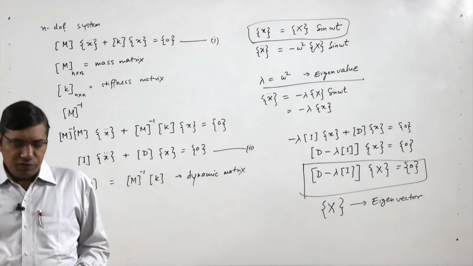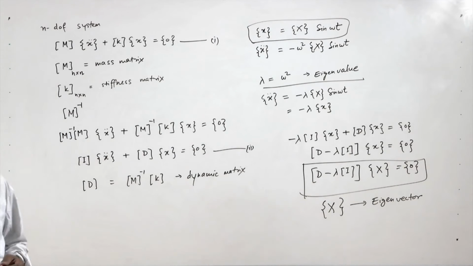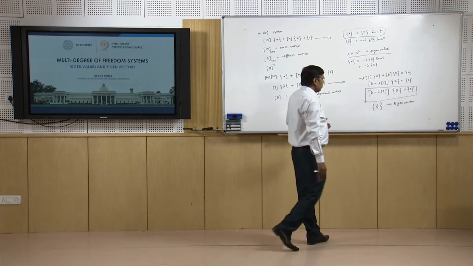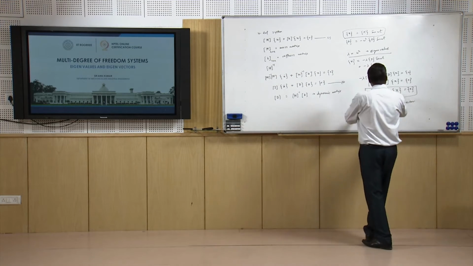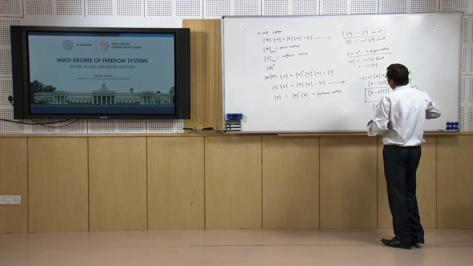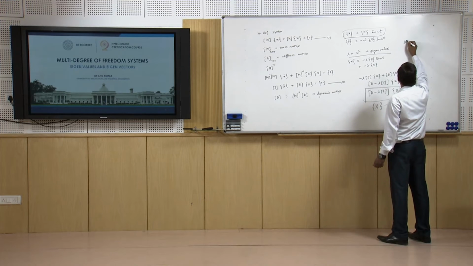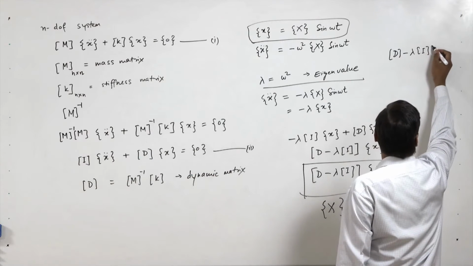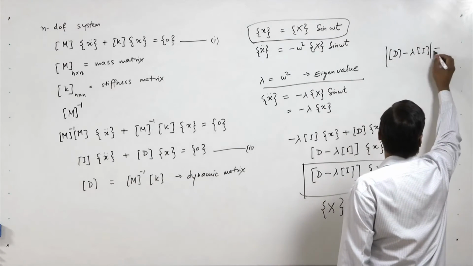Therefore, if we want to find the eigenvalues, we have to set this determinant equal to 0. So we have to make the modulus of D minus lambda I equal to 0.